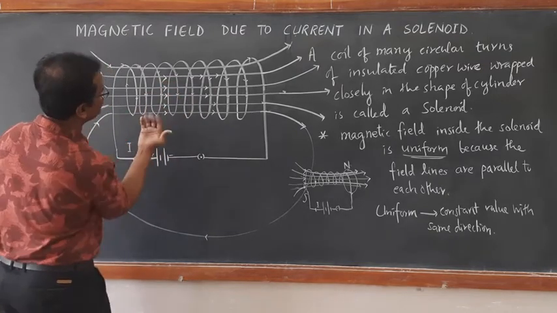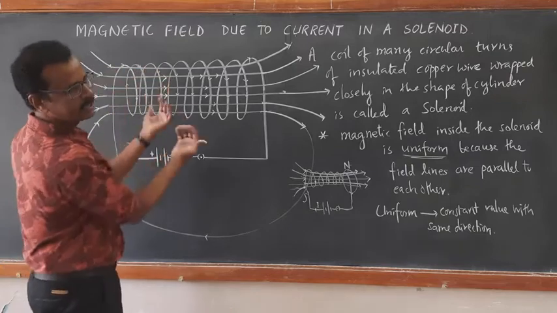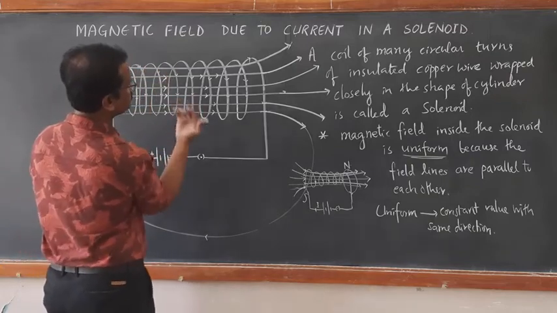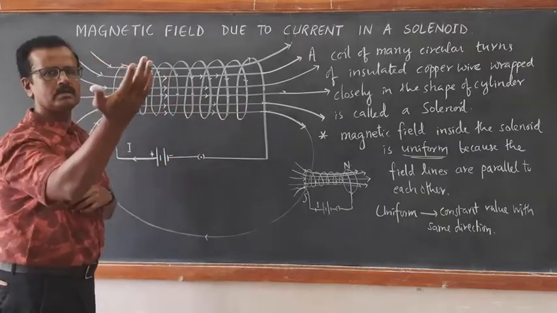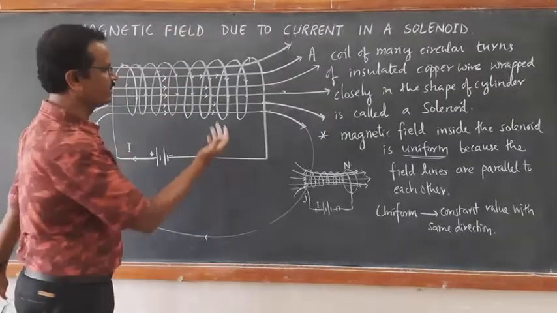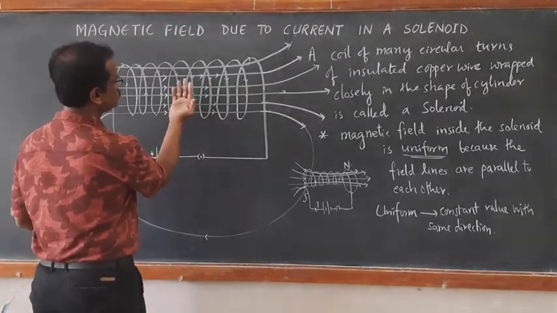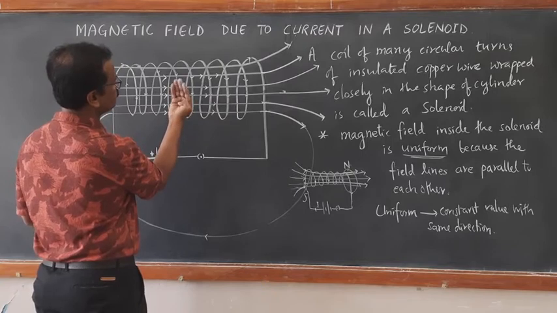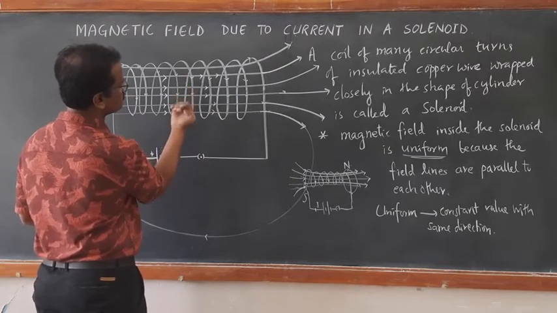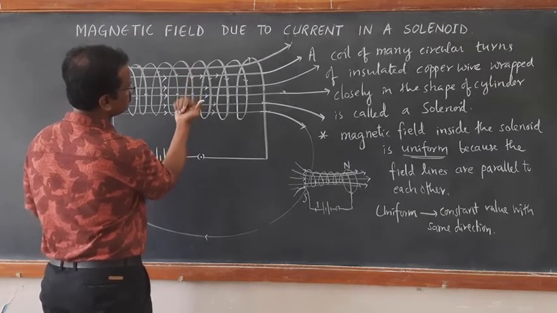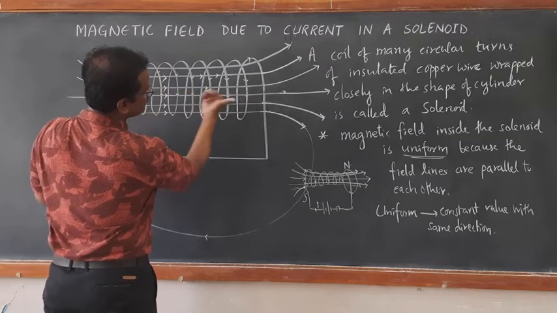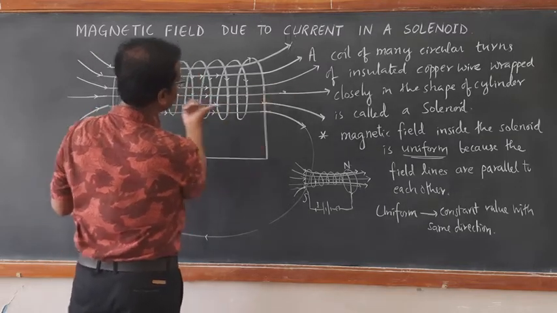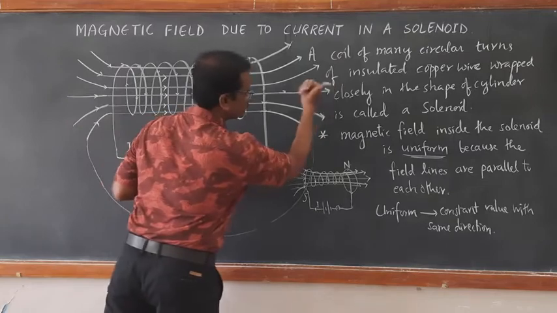The current here is emerging from the plane of the board, and you have to use the right hand, not the left hand. The four fingers represent the direction of the current, and the thumb represents the direction of the magnetic field. Therefore, the magnetic field lines are emerging like this.